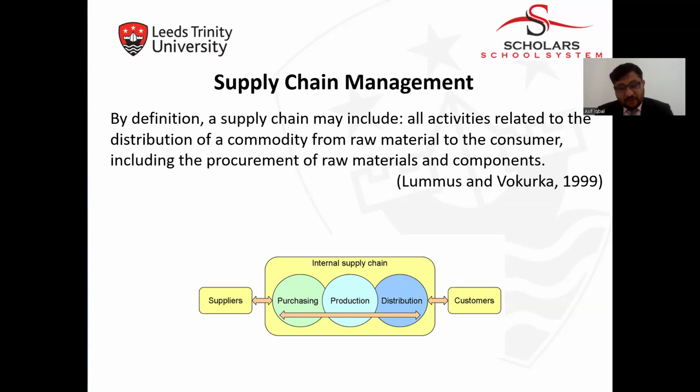Then after purchasing the raw material, it goes to production, the warehouse, where they convert the raw material into finished goods. When the finished goods are ready to sell to the customer, they go to distribution, where they deliver the product to the customer. So this picture is very clear about how the things are linked to each other. The suppliers are linked with the purchasing department, purchasing is linked with production, production with distribution, and from distribution the products reach the customers.